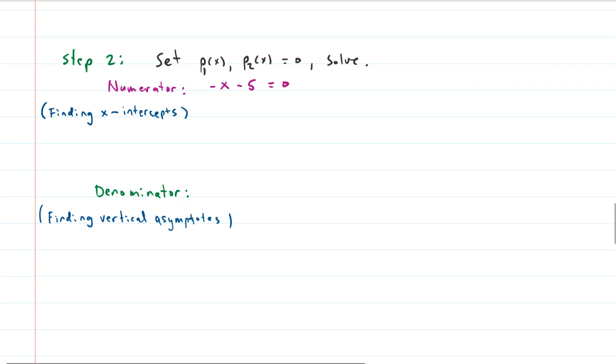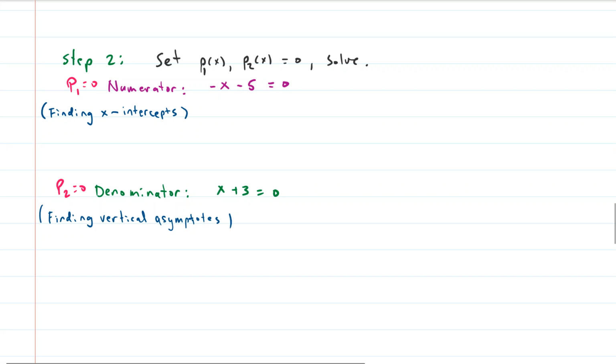And our denominator was, let's just write this down before we forget, x plus 3. We set that equal to 0 and solve, and we'll find the vertical asymptotes there. So let's come back to the numerator, or P1. Maybe I should put P1 here so you remember. P1 of x equals 0, and here's P2 of x equals 0.